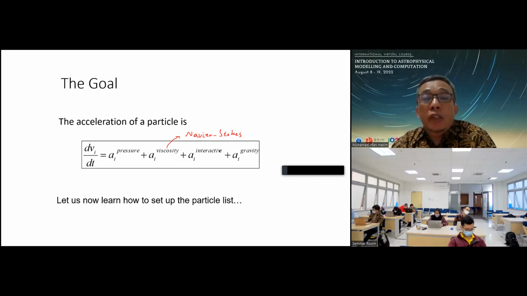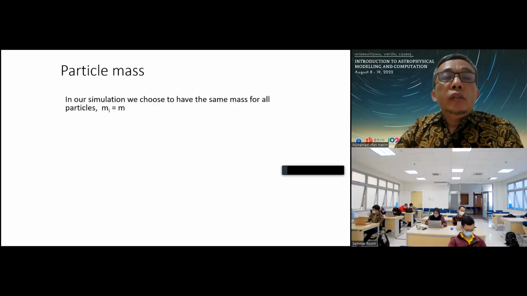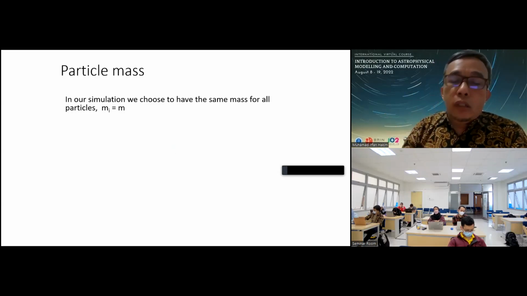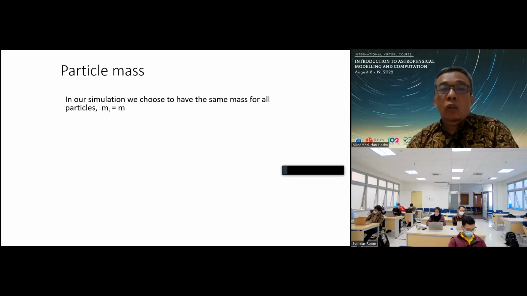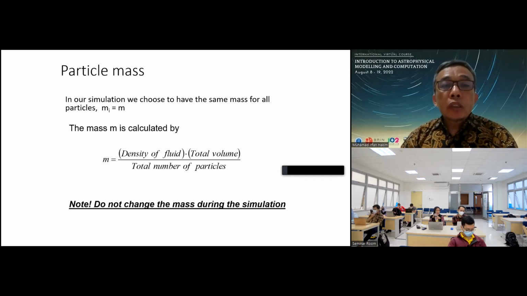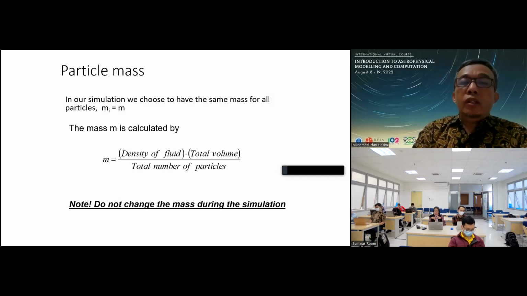Now, how to set up this particle list? Let's choose a particle of interest here, m_i equals m_n. During the simulation, we don't change the mass.